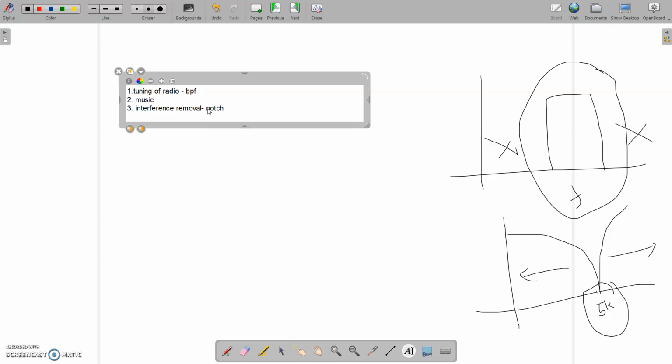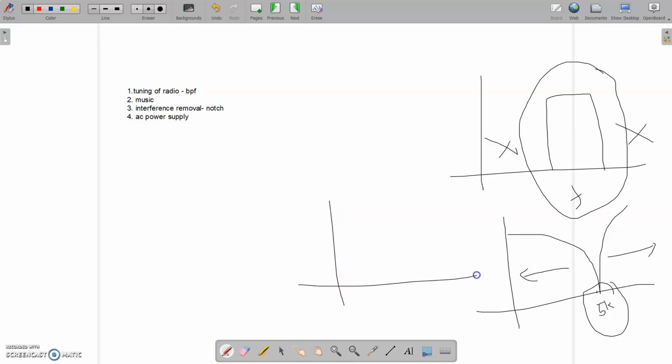Now the other thing is AC power supply. When you are creating different types of converters, you have already seen those things in your electronics course. There are AC to DC converters. When you convert from AC to DC, there are always some ripples. When we convert our pure AC signal to a DC signal, there are some ripples like this.